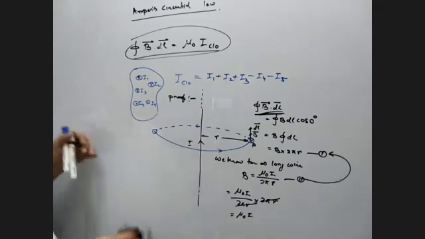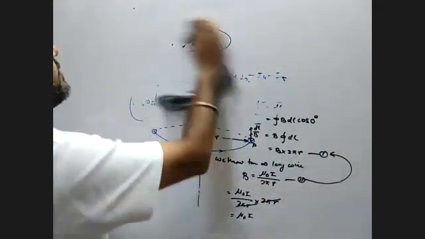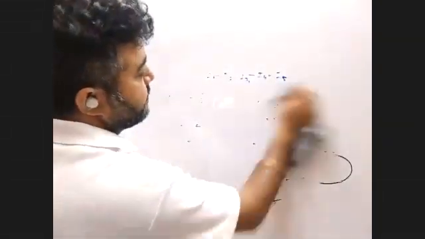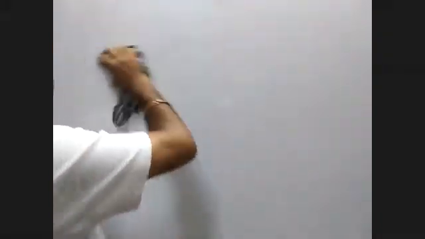So next, a very important derivation. By using Ampere circuital law, find out the magnetic field due to an infinitely long hollow cylinder.